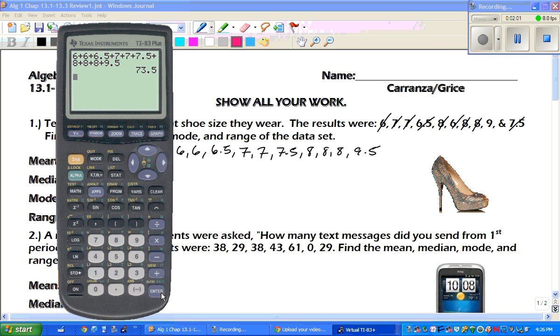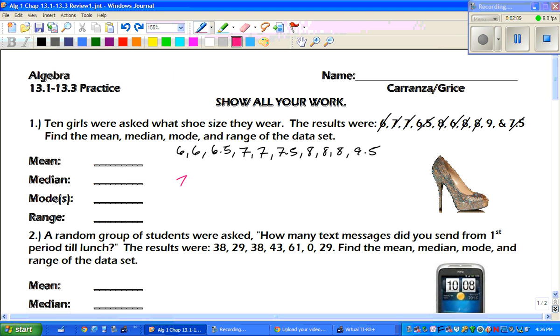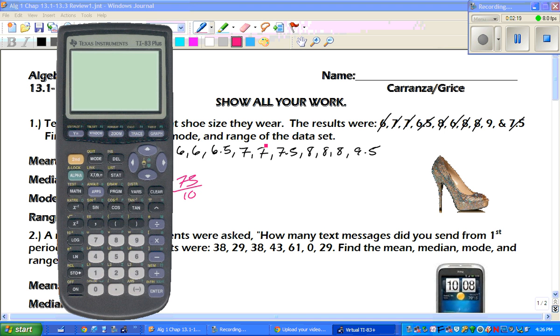And I actually hit too many 0.5s because I put 9.5 and it should have been 9. This is actually 73. And now it's 73 out of 10, which gives us an average of 7.3. And the reason why we did it that way, let's see if my calculator is smart or stupid. 7.5 plus 8, 8, 8 plus 9.